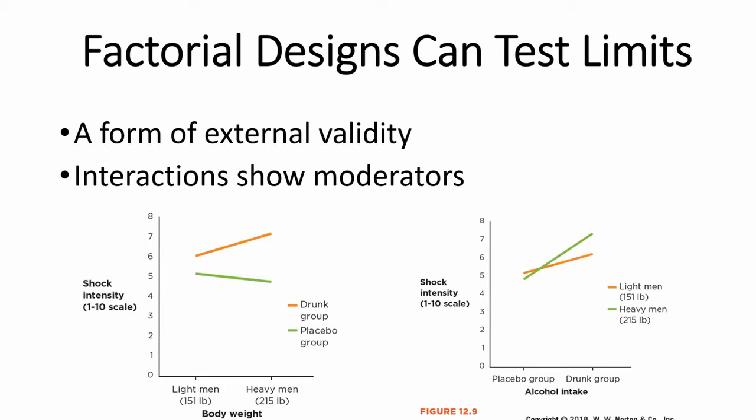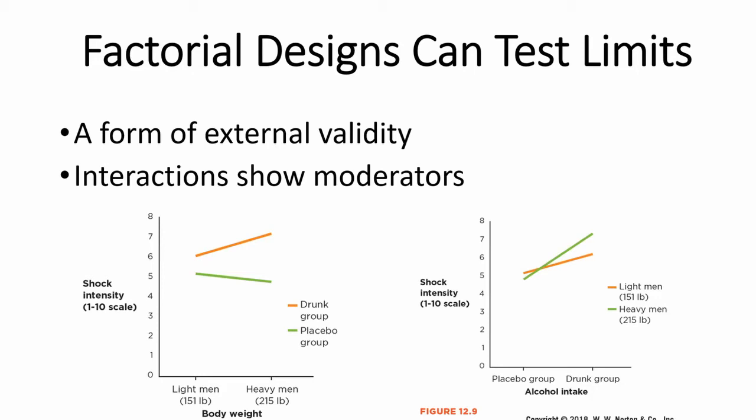But for these experimental studies, and specifically these factorial designs, we can talk about a moderator as an independent variable that changes the relationship between a different independent variable and the dependent variable. So having a moderator results in an interaction. The effect of one independent variable depends on, or is moderated by, the level of another independent variable.